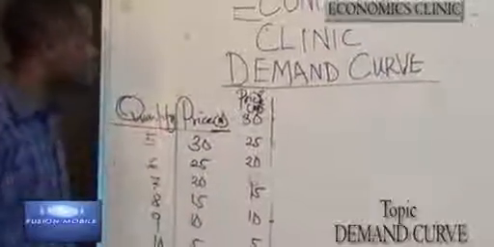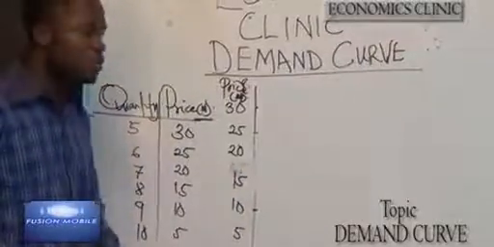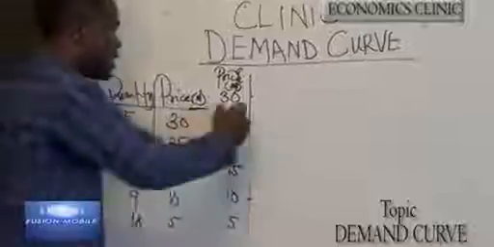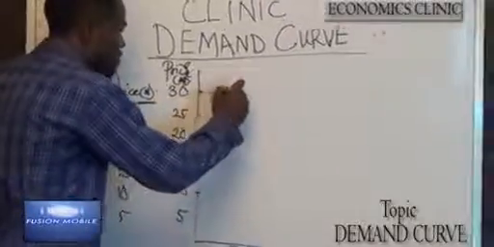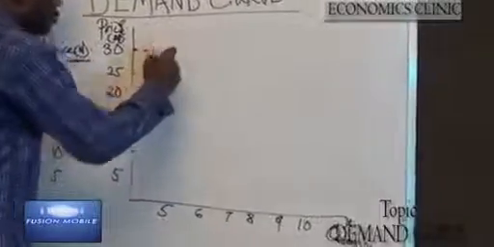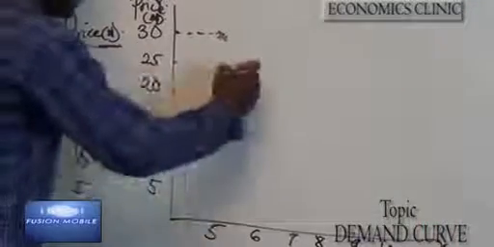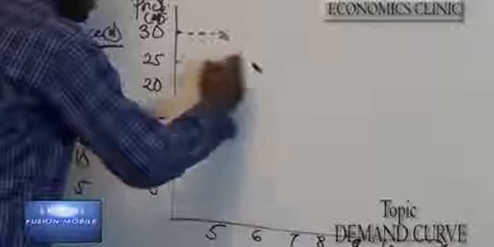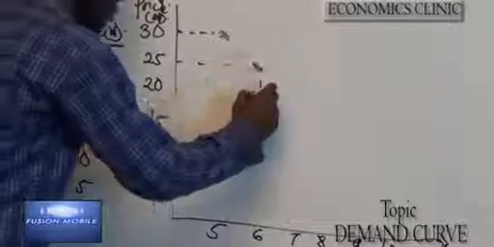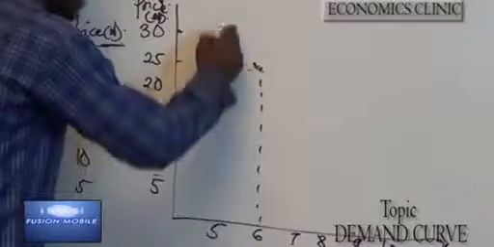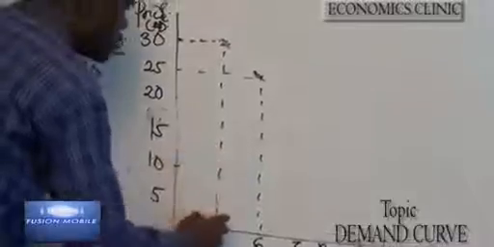Using the same table, we can present our demand curve. At 30 naira, consumer demanded 5 quantity. At 25 naira, it demands 6 quantity. So draw this down.